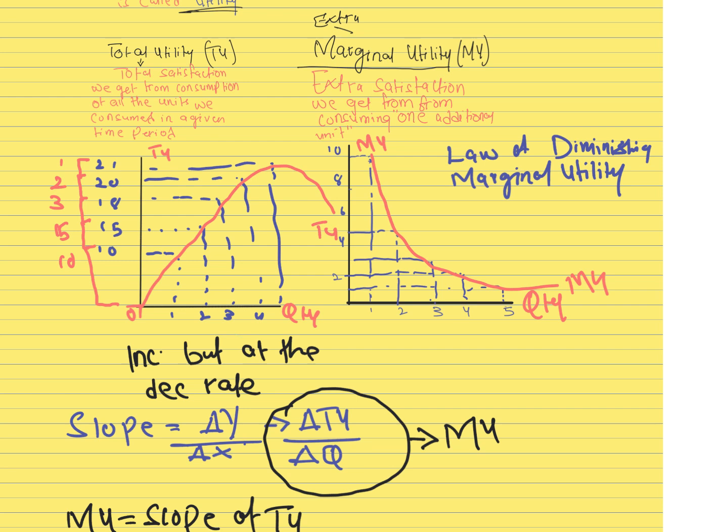Now, why do we call it a law? Because it works like a rule of thumb for most products. We can see this pattern.